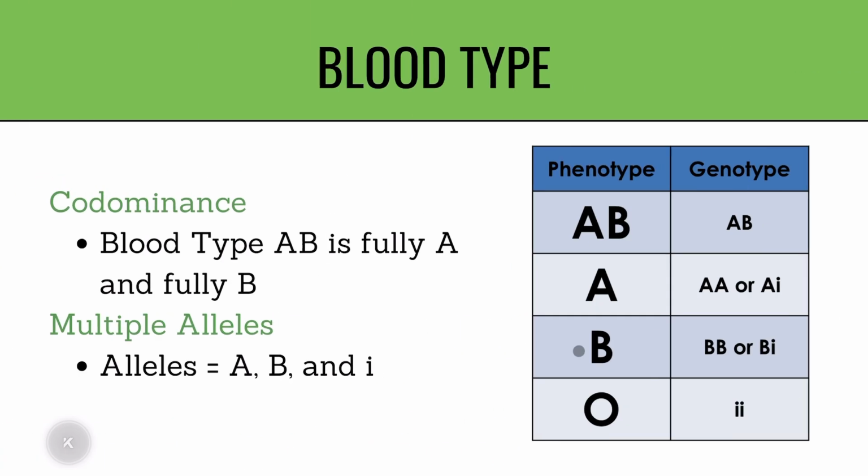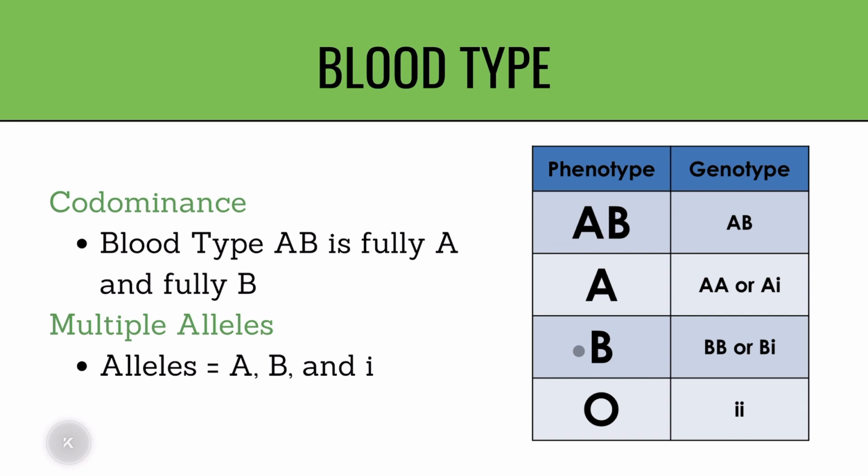So when we were talking about blood type, we talked about the fact that it is codominant, and that is because blood type AB is both fully type A and type B at the same time. However, blood type is also something called multiple alleles because there's 3 different allele options.